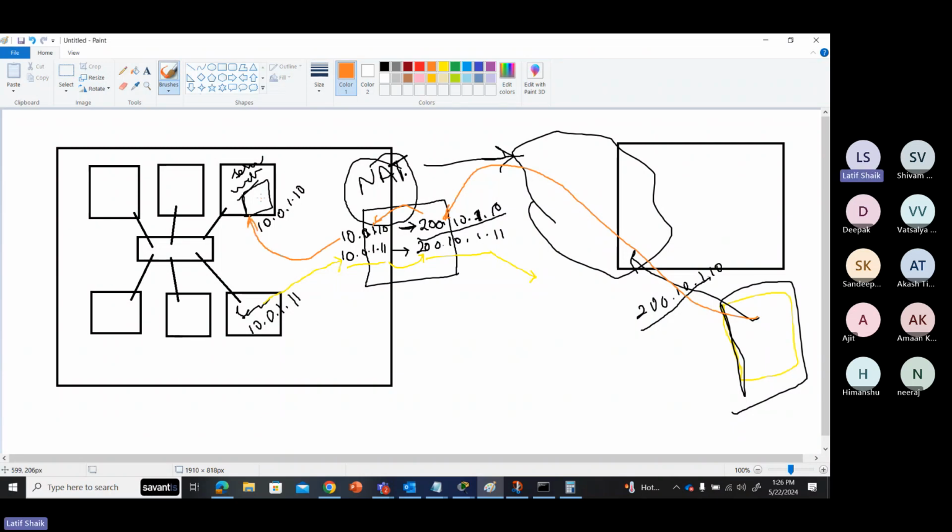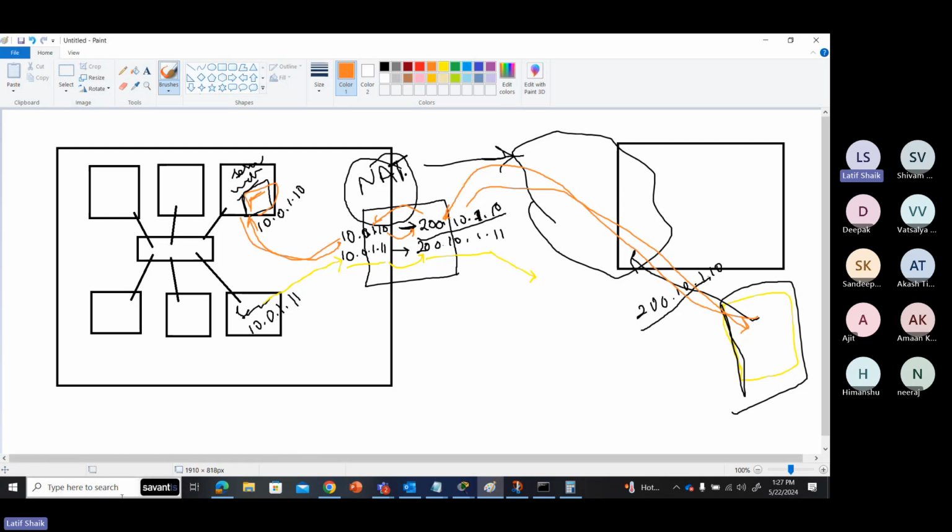The server takes the request and gives the reply with its private IP. Again, it is translated to this public IP and the reply is given with this one only. Understand, guys? That is the NAT concept.